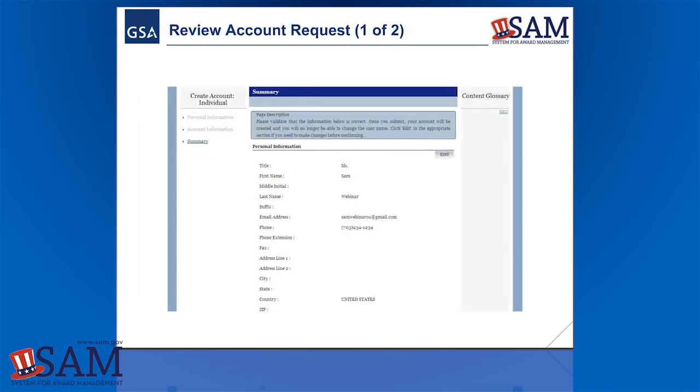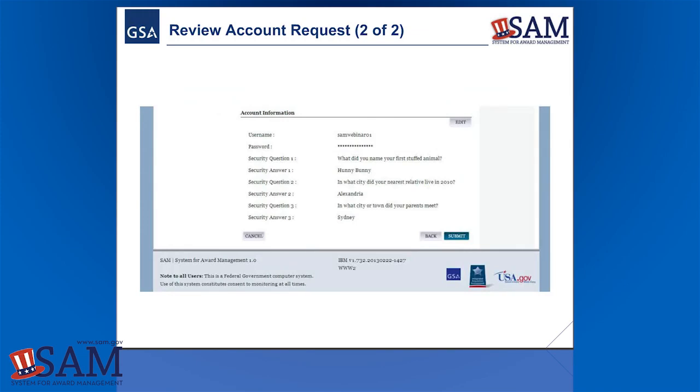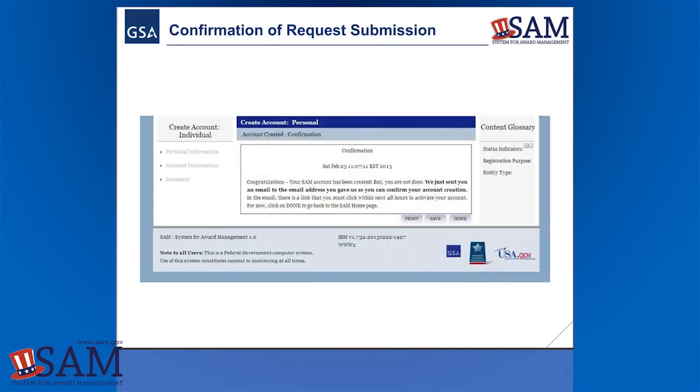So you're going to go ahead and fill those out, and then before you submit it, you are given the opportunity just to review everything and make sure that it is what you want. I would recommend printing this page so that you have it for your records, so that you've got your security questions and answers, and that way you have it on hand. Hit submit, and you get the confirmation page.